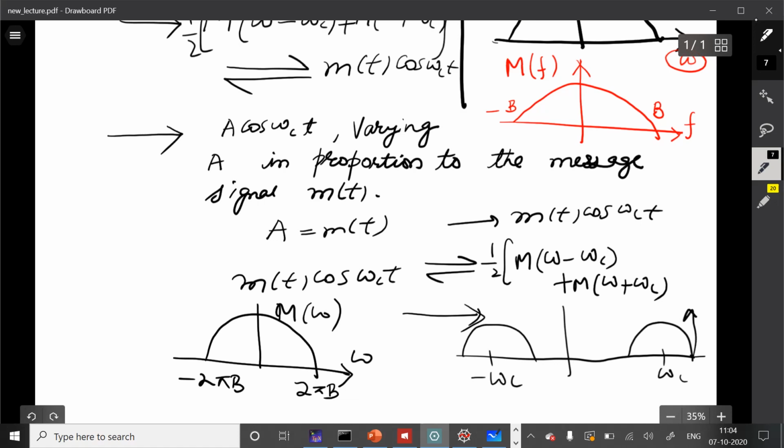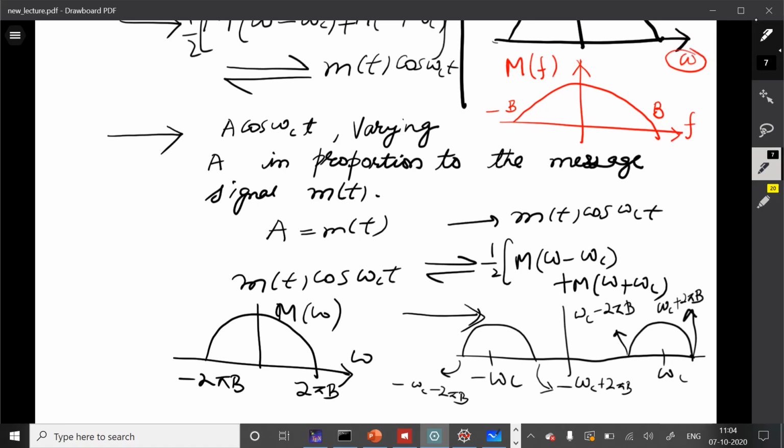What will be this point? It is omega c plus 2 pi b, and this point is omega c minus 2 pi b. What will be this point? It will be minus omega c plus 2 pi b, and what will be this point? Minus omega c minus 2 pi b.